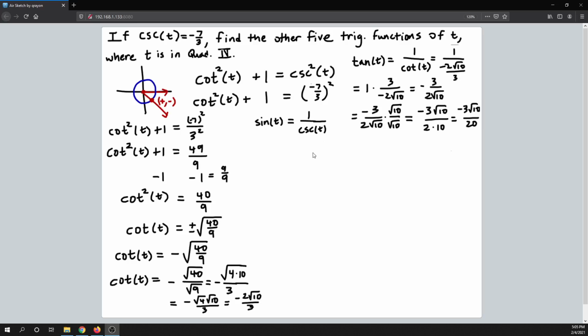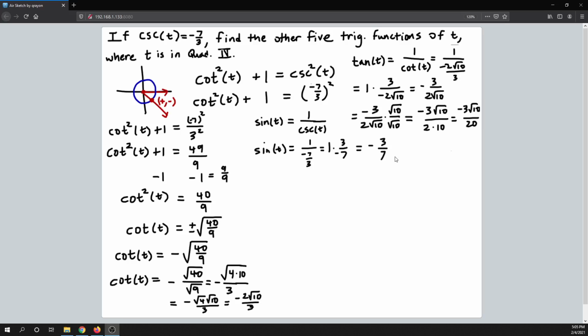And we know the cosecant is negative 7/3. So I'm dividing 1 by negative 7/3. That's the same as multiplying 1 by negative 3/7. And any number times 1 is just itself. So we come up with negative 3/7 here.